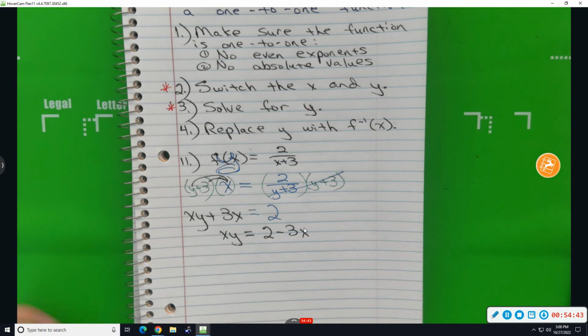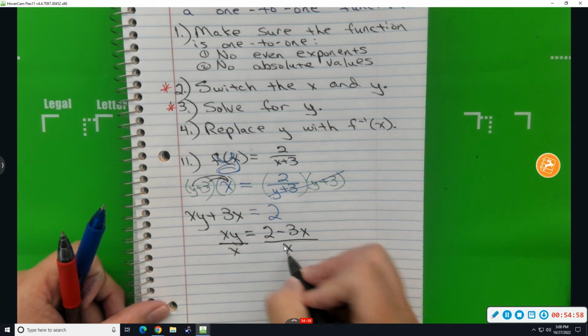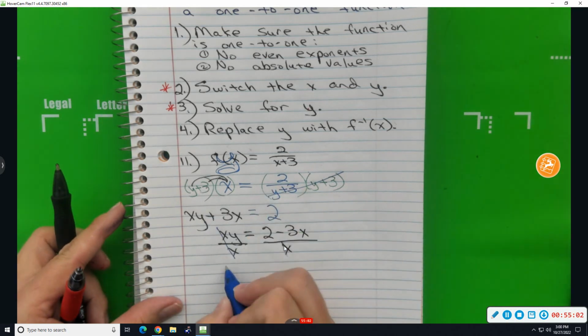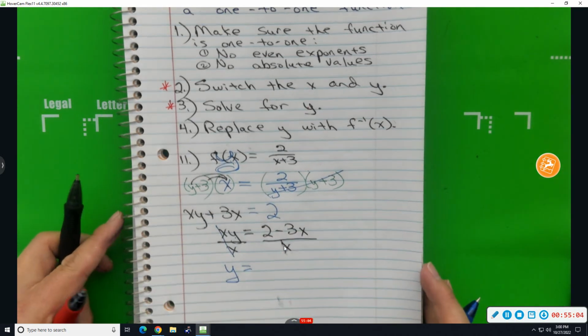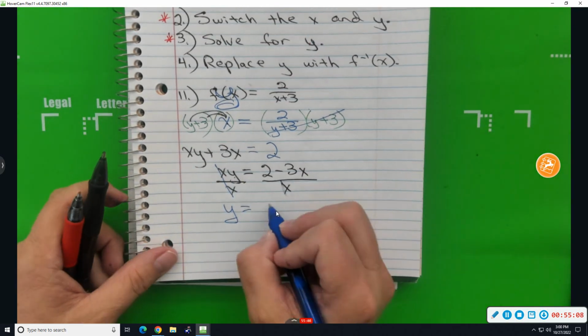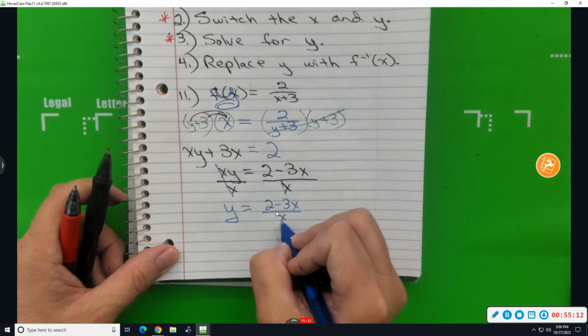Any questions there? And then it's x times y. We need to get y by itself, so what can we do? Divide by x. I agree. So we're going to have y equals 2 minus 3x all over x.